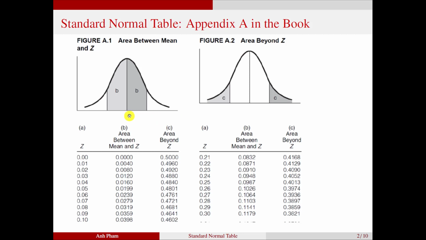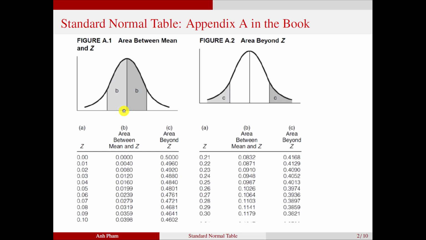A negative Z-score is any value to the left of the mean, less than the mean. The middle one is the mean. Again, in the standard normal table, they only report the positive Z-scores and do not report the negative Z-scores.